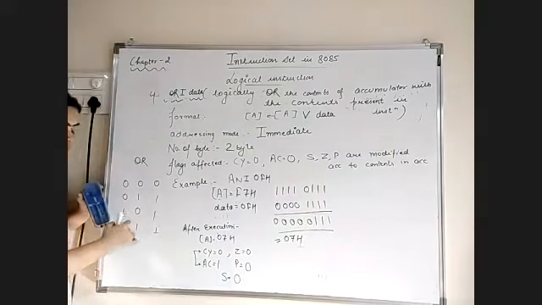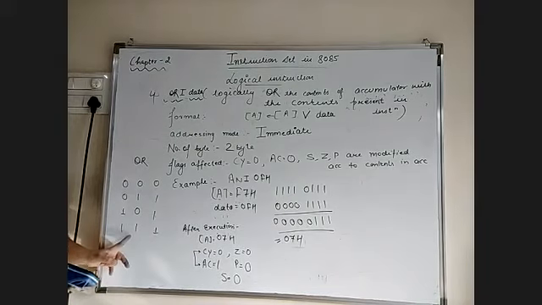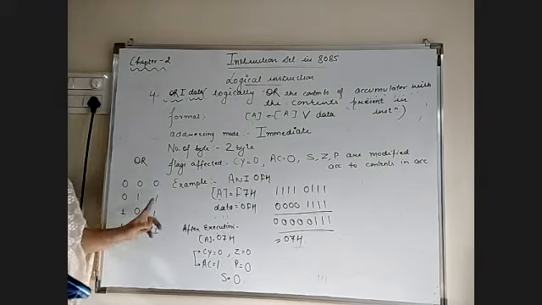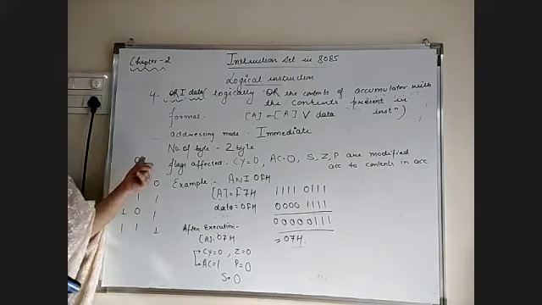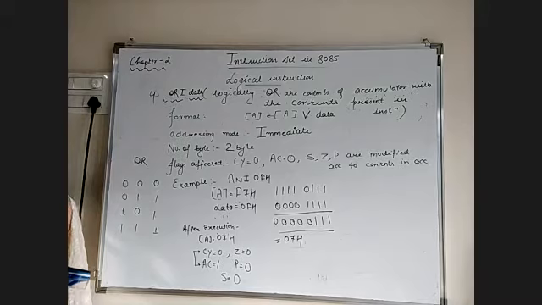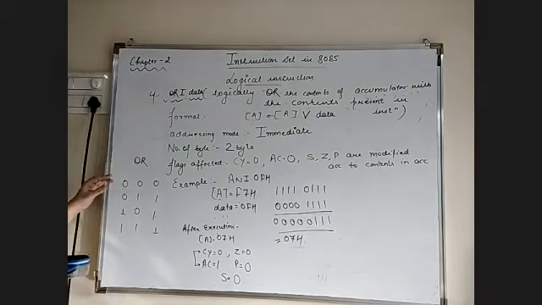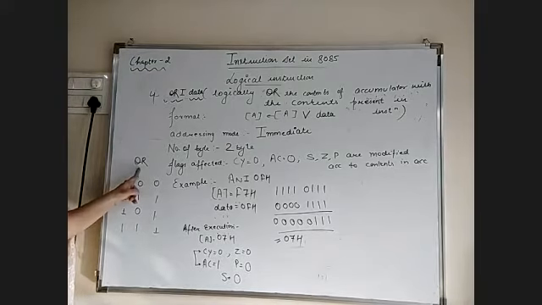So in the second, third, and fourth cases, one of the inputs is 1. If one of the inputs in the case of OR operation is 1, then the output is also 1. This topic we already did in the 11th standard, the logical gates, that is OR and so on. This is the table of OR.